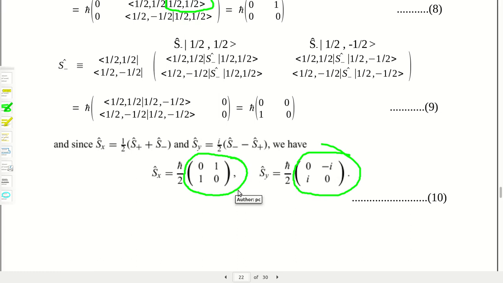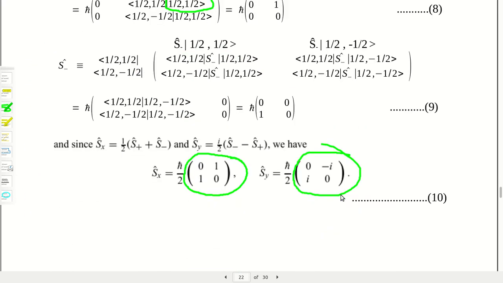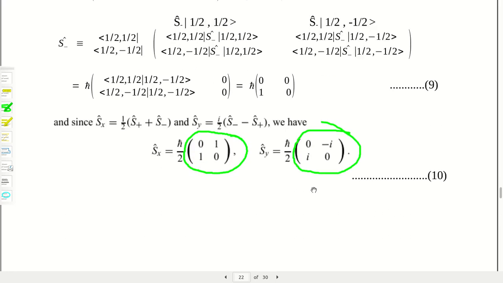In the later classes, in the later topics, you can see this is the Pauli spin matrix corresponding to the x coordinate, this is the Pauli spin matrix corresponding to the y coordinate, and this is the Pauli spin matrix corresponding to the z coordinate. So three matrices are there, and these three matrices are very interesting, and some properties are there also, but I am not going into the detail.